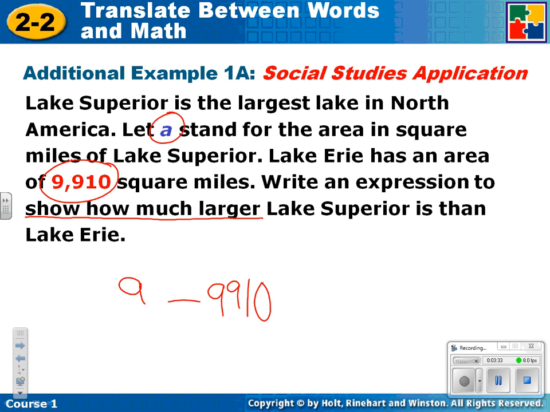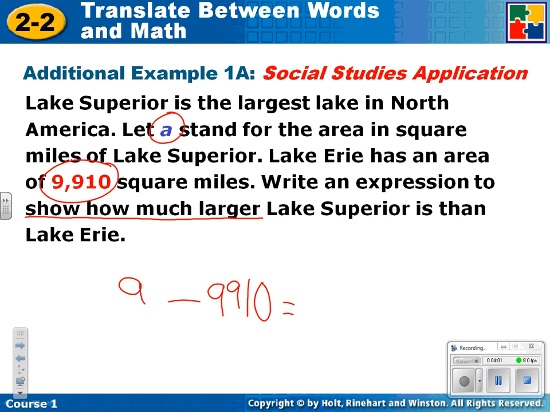I know a lot of you are going to want to do this, equals something, and you have this need, this desire to solve it. Some of you are going to come up to me and go, Mr. Eichmann, I don't know how to do this. It doesn't tell us what Lake Superior is. I can't solve it. It's not asking you to do that, is it?